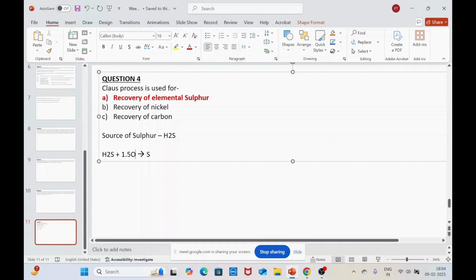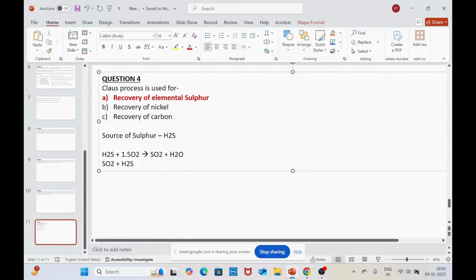So the reaction goes something like this. H2S, when you react it with oxygen, you will get SO2, sulfur dioxide, plus water. Not all of the H2S is going to react; some of it will remain unreacted.